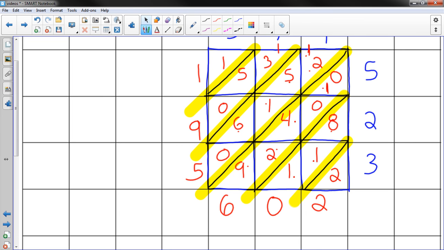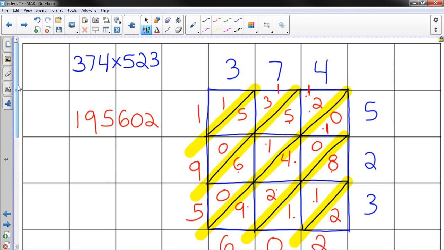So my answer is literally wrapping around the outside of that big square. 1, 9, 5, 6, 0, 2. So the answer to 374 times 523 is, put my comma in the right location, 195,602.